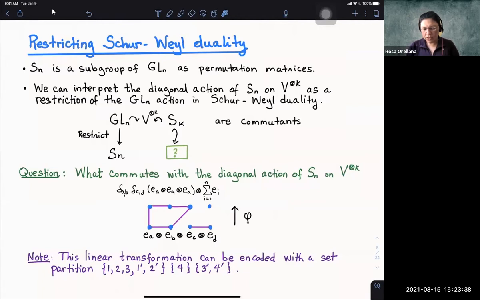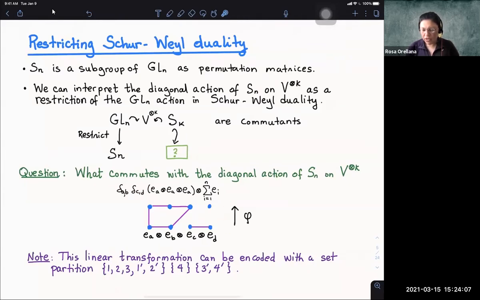So the question is, what linear transformations commute with this action? When you act, you get a set of linear transformations, and you're asking which ones will commute. In algebraic combinatorics, we always want to have a picture for everything.